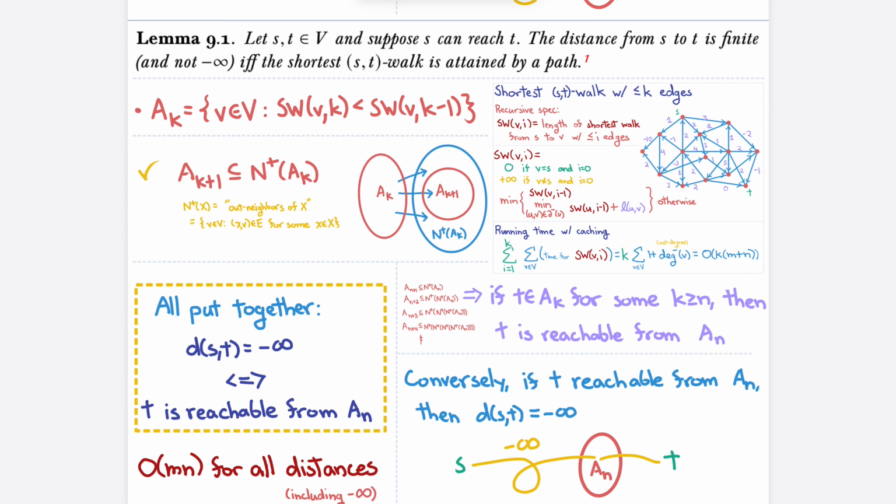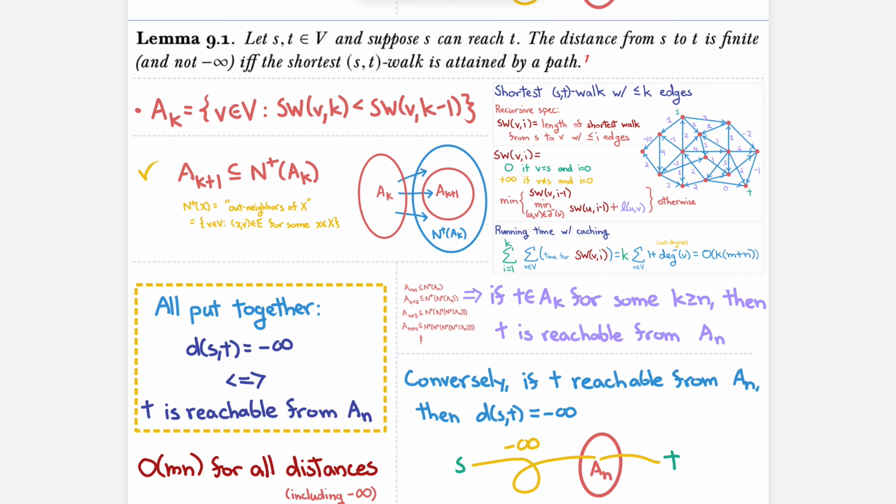Well, let me see if this answers your question. You can tell me if I'm getting it right or not. If everything was finite, then at A sub n you shouldn't see any improvement. At A sub n you'll get some vertices that improved, and it could be much more than one. It could be all the vertices, it could be half, it could be some subset. All these vertices I know are definitely negative infinity.